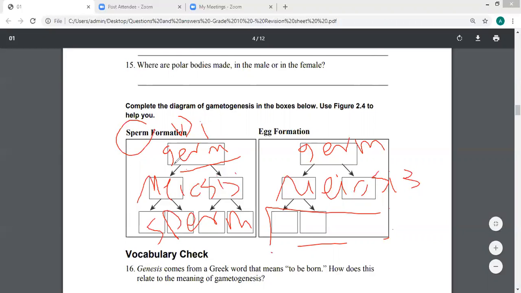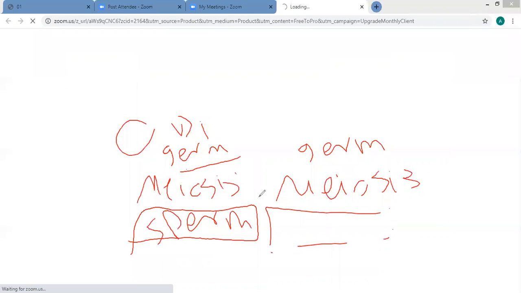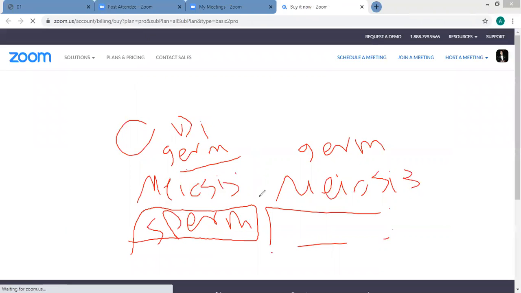Okay? But we have another difference. The germ cell, in case of sperm, produces sperm, all of them used. But in case of female, okay, what happened?